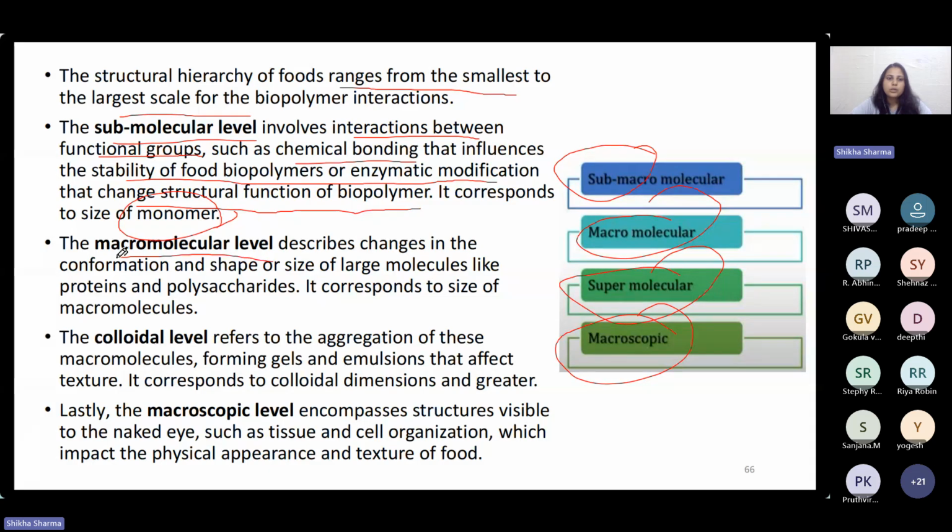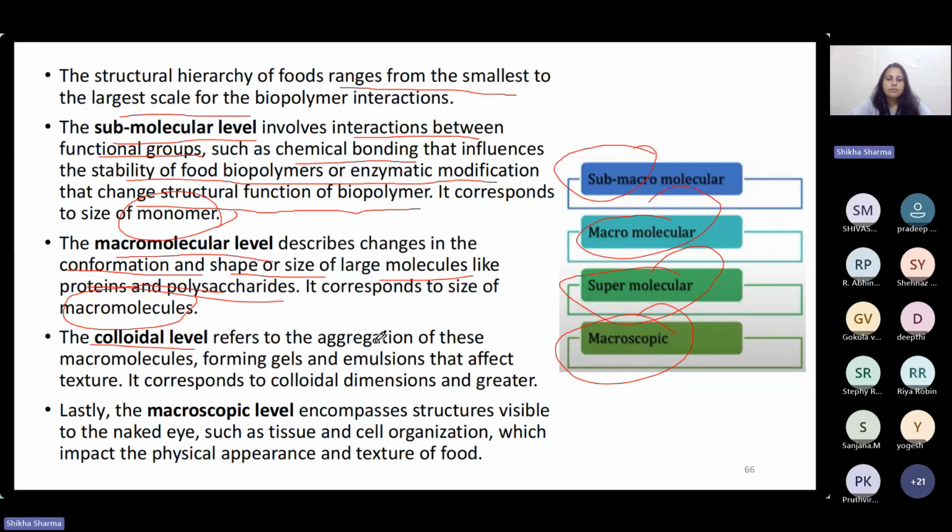Second is the macromolecular level. It describes the change in the conformation, size and shape of large molecules like proteins and polysaccharides, and it corresponds to the size of the macromolecules.